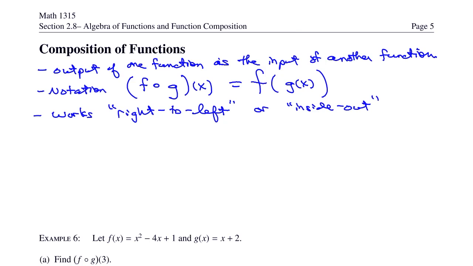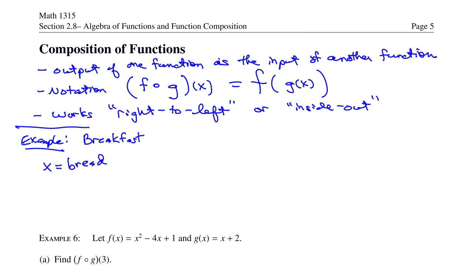Now, here's a somewhat non-algebraic example, and this is a good way for you to think about composition. I call it breakfast. So how do you make breakfast in the morning? Well, you start with bread. So let x equal bread. And what's the first thing you do to bread?